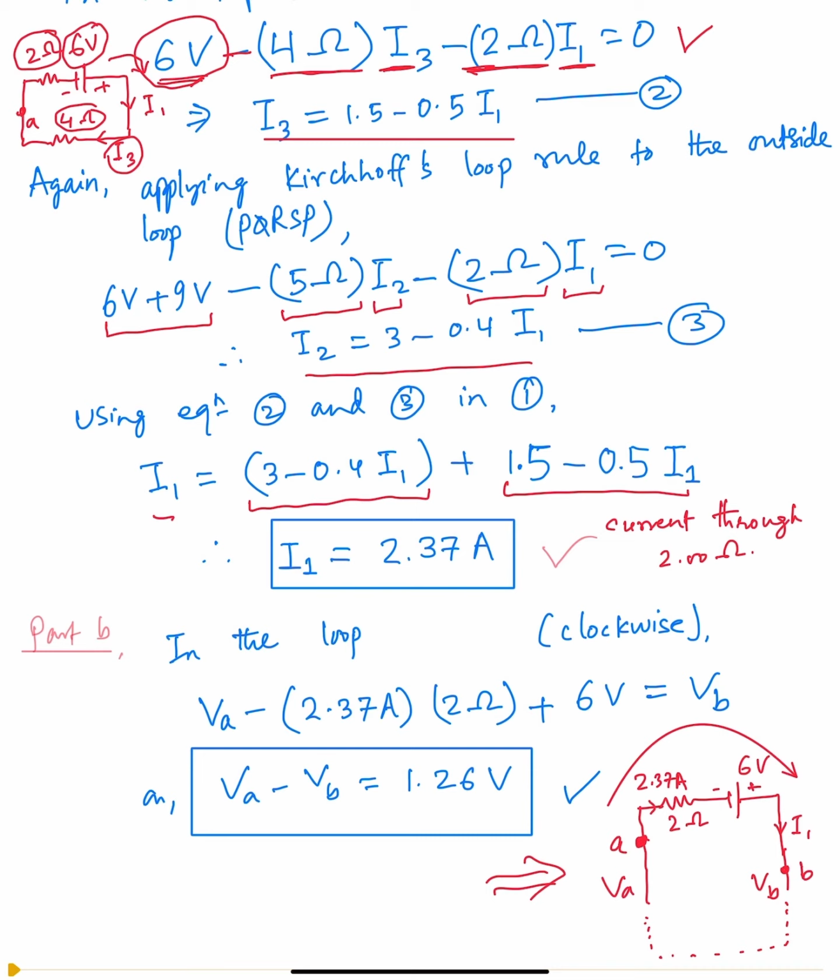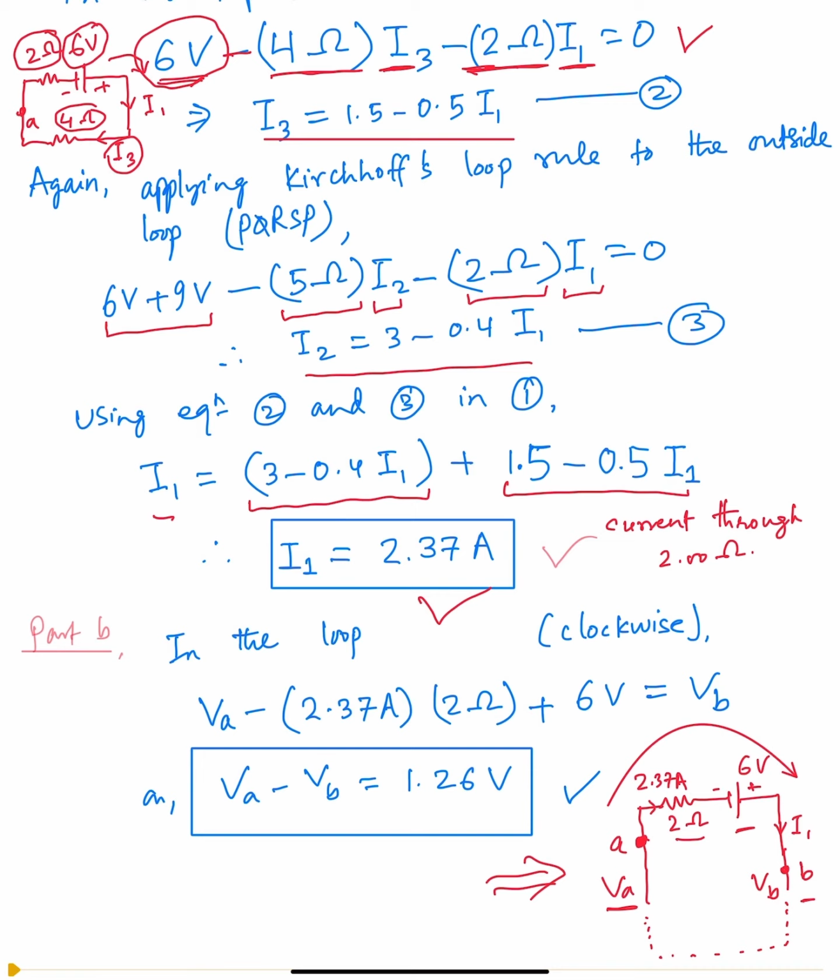This is point A, and this is the potential at this end, and the current through this resistor is already calculated, so it's quite easy now. And this is the other battery supply, and this is the potential at end B.